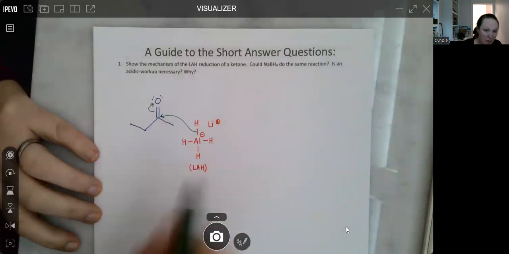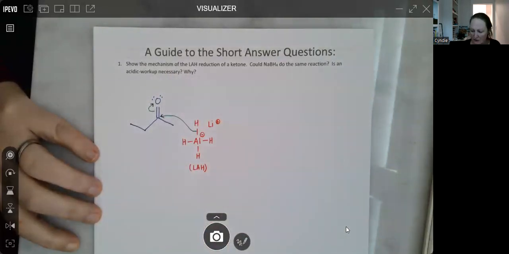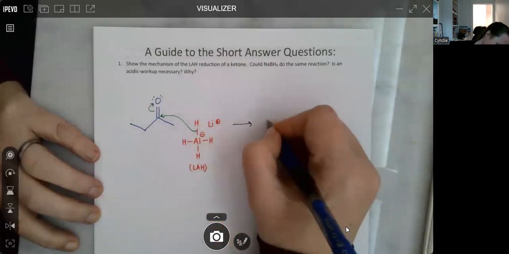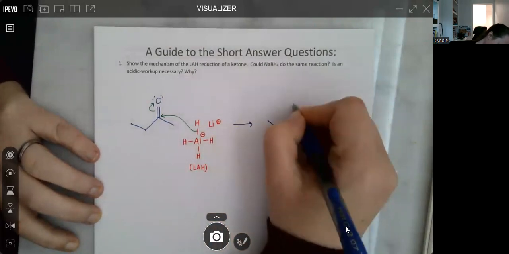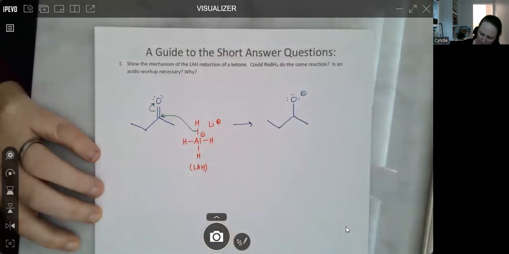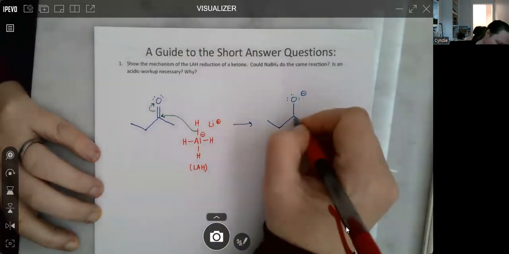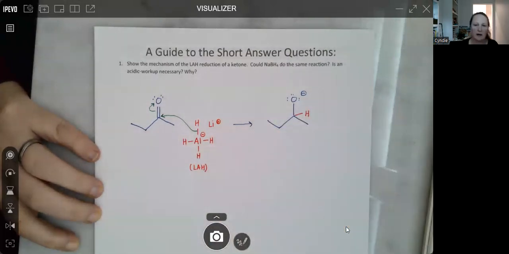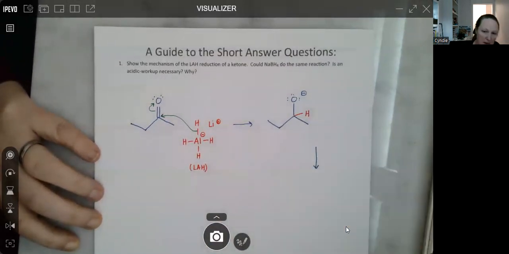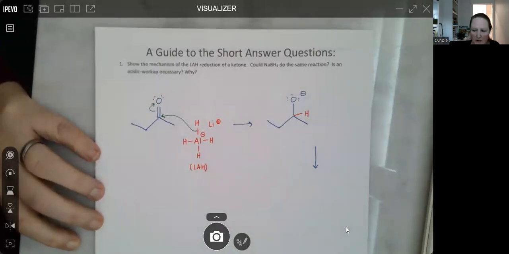A resonance arrow will move electrons up to the oxygen. And then we have this alkoxide, which does require a proton transfer from an acidic workup to become neutral and stable.